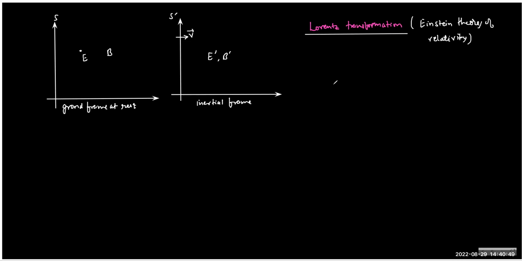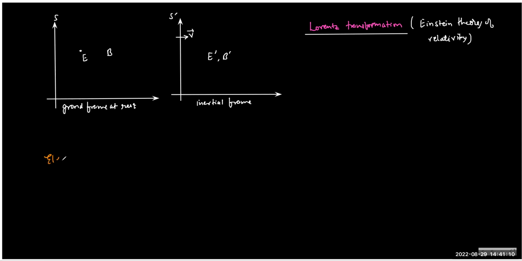So the electric field and the magnetic field are not distinct fields; rather they are frame dependent fields. The only field which exists in nature is called the electromagnetic field, and we say E and B are its components. Okay.